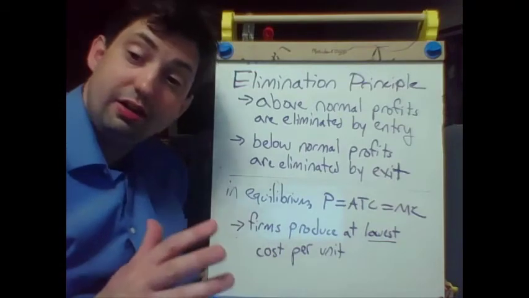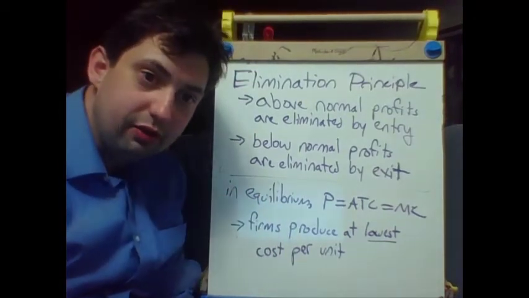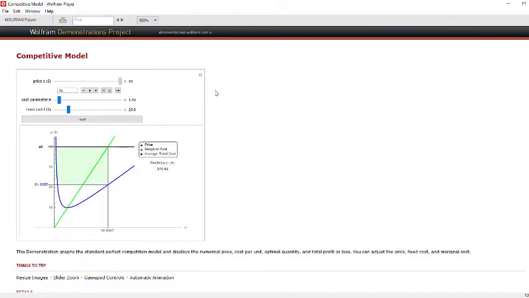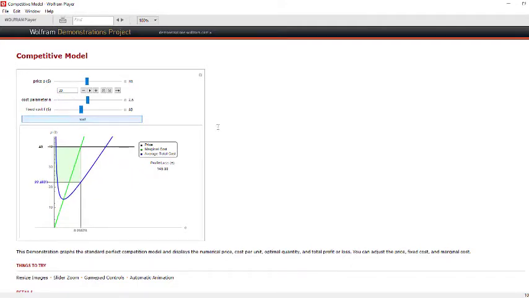Appreciate how wonderful that is from a societal perspective. Rather than one firm producing 8 units at a cost of 25 each, we might have many firms producing 4 units at the cost of 20 each.